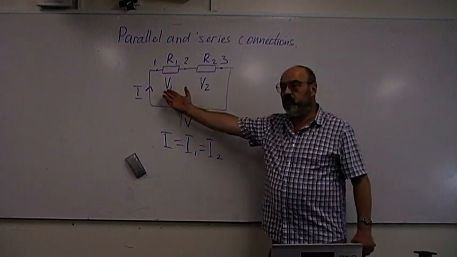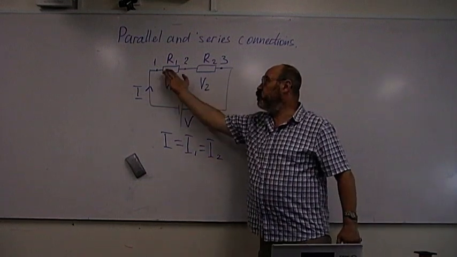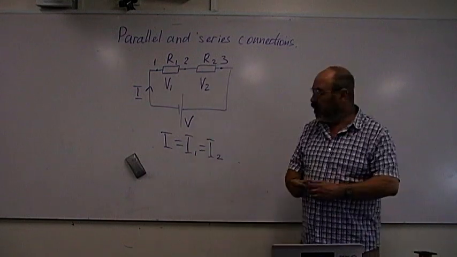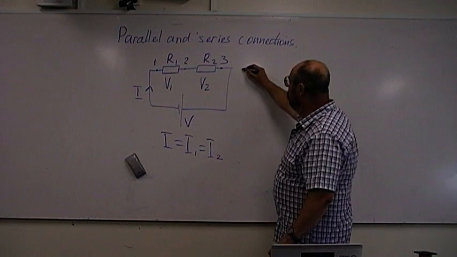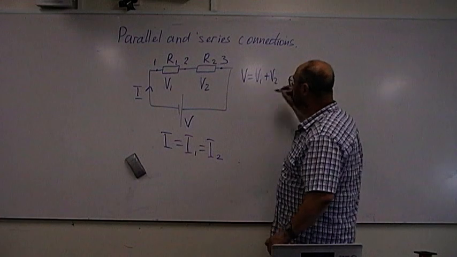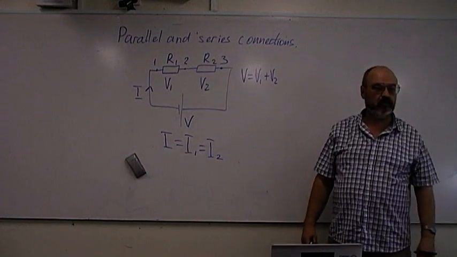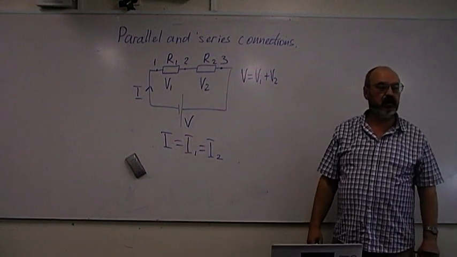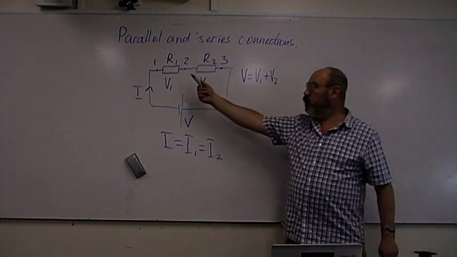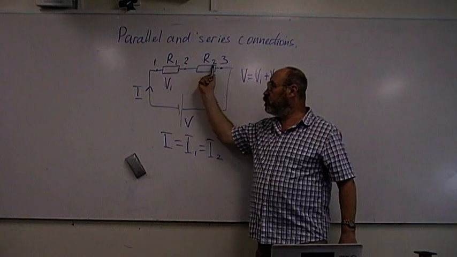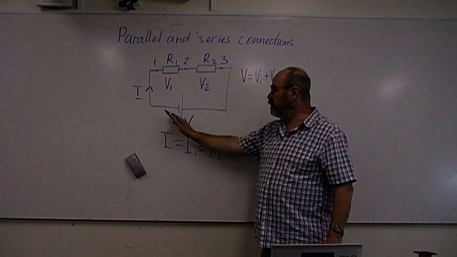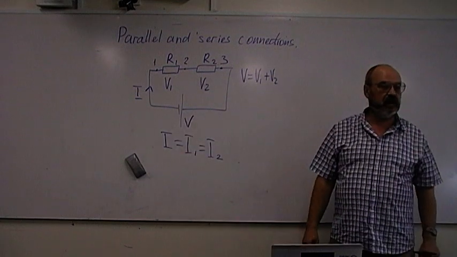We need to add them, because as much energy we use here plus as much here will give us the total energy. So for the series connection, voltage equals the sum of the voltage drops across each of them. So voltages across each of the resistors connected in series add up to the total voltage supplied.